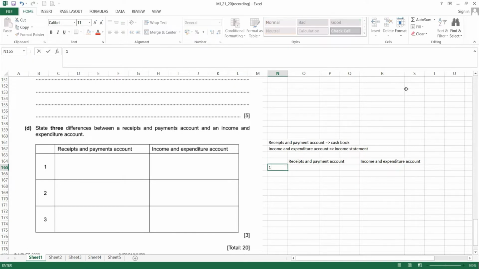Okay, number one, as I say, this one is just like a cash book. So what is the cash book purpose?